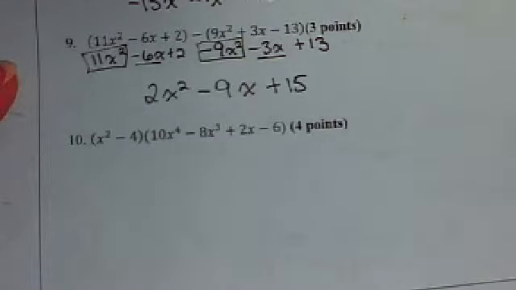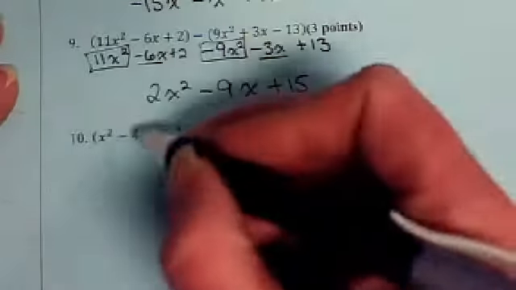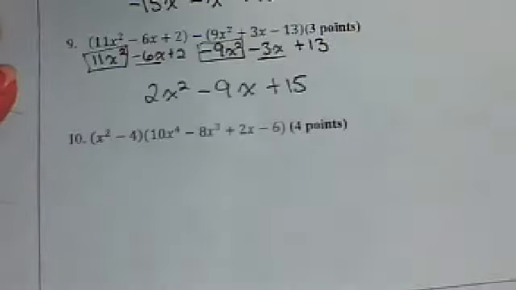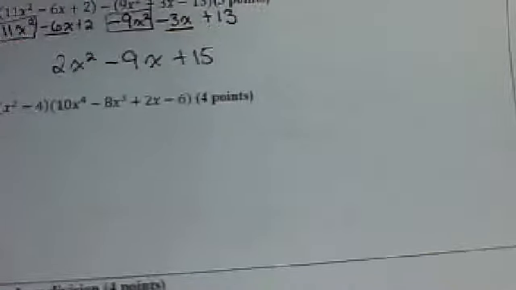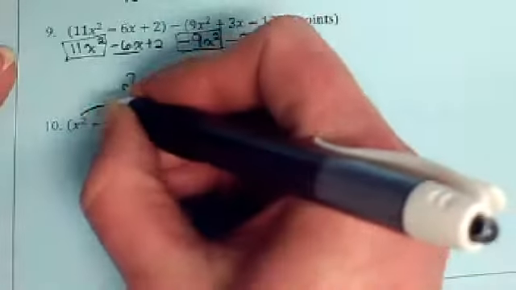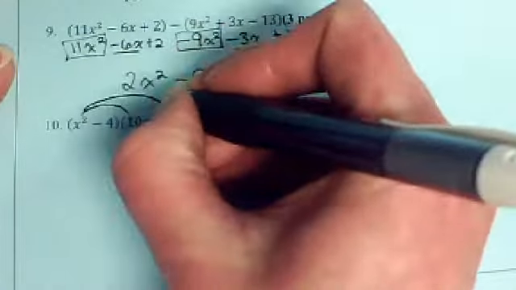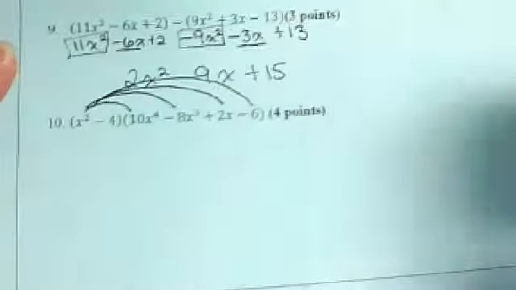The next one is multiplication, and you can do this one of two ways. You can just distribute, or if you like to be more visual, you can make a multiplication box. Either way is fine. I'm going to do the distributing way. I'm going to take x squared and distribute it to each of those terms.